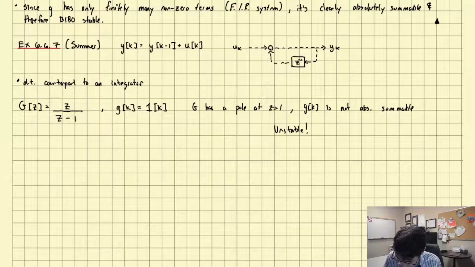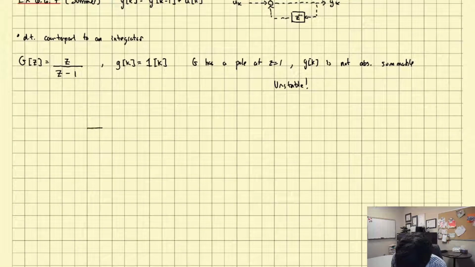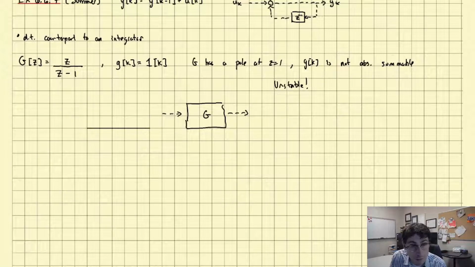And if we want to draw a little picture of the step response for this system. So let's call that k, 0, 1, 2, 3, 4.